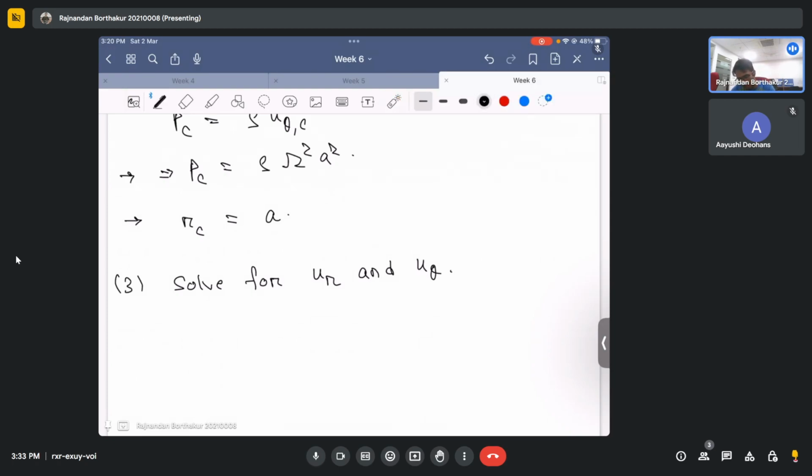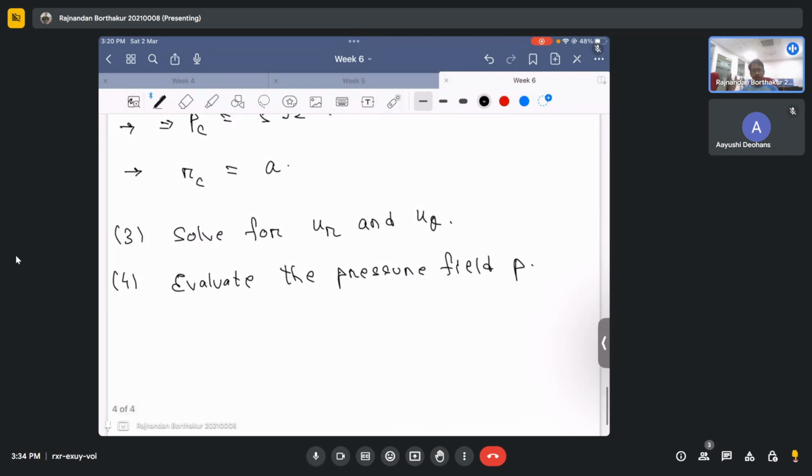And then once you are done solving for ur and u theta, they have also asked us to solve for the pressure field. So the final task, the fourth task, is to evaluate the pressure field, which is basically P. In order to evaluate the pressure field, we also require a boundary condition on pressure.